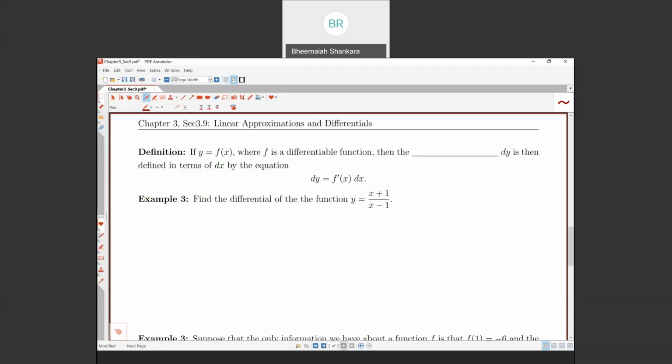Next is the definition. If y equal to f of x is a function where this function f is differentiable, then the differential dy is defined in terms of dx by the equation.